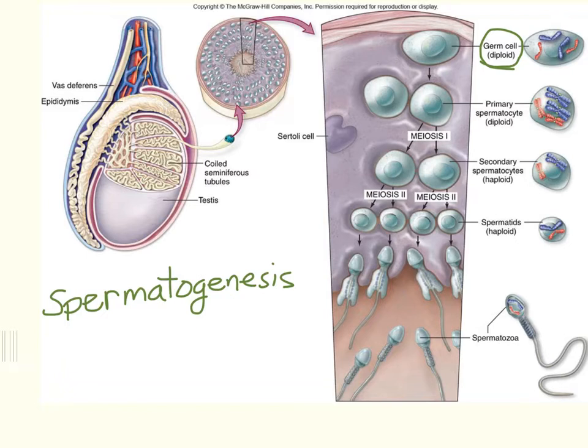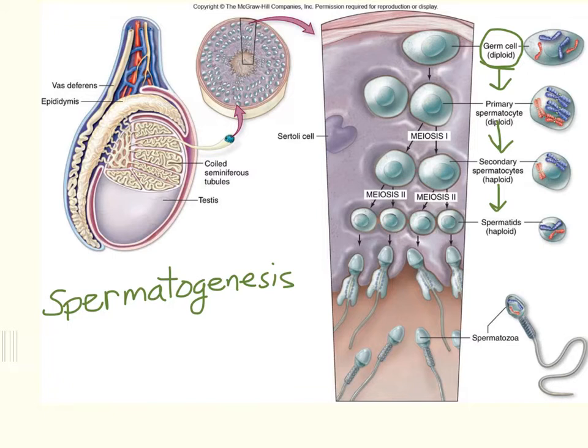So when these hormones are produced, the germline cells will go through mitosis to produce primary spermatocytes. The primary spermatocyte then goes through meiosis 1 to produce 2 secondary spermatocytes. Then those 2 cells go through meiosis 2 to produce 4 haploid spermatids.